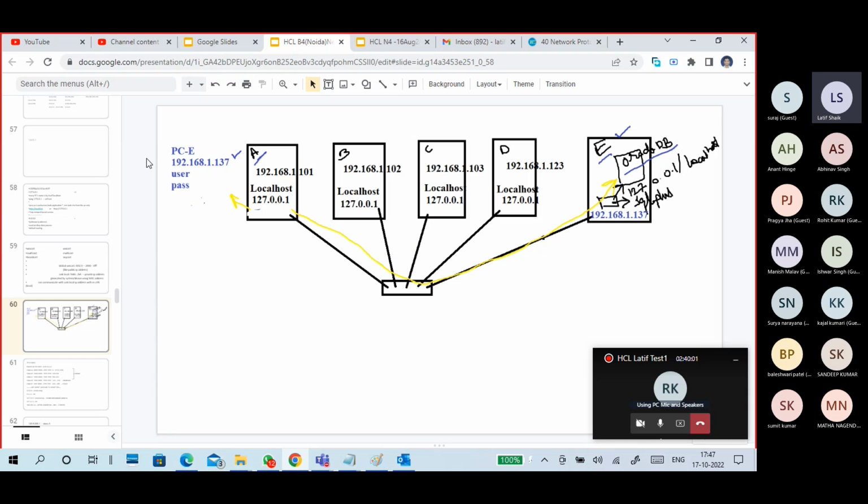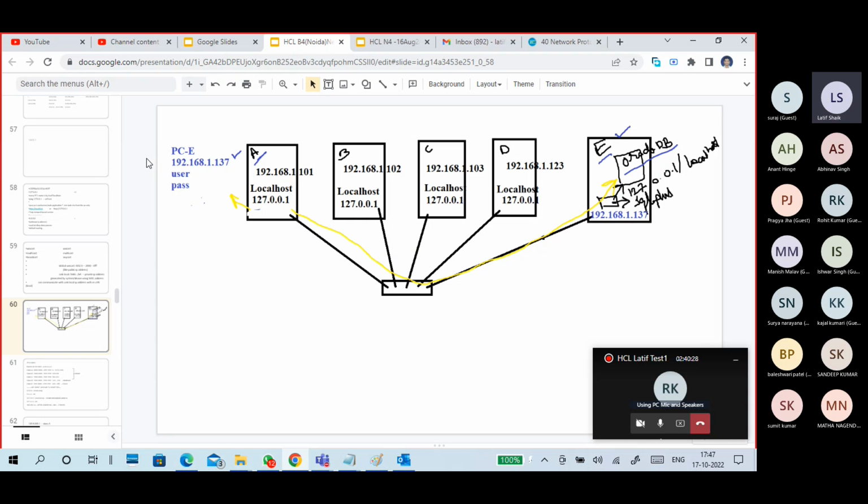Each PC has an IP address and also has another IP which is common for each and every PC.